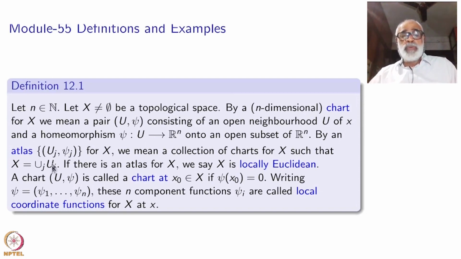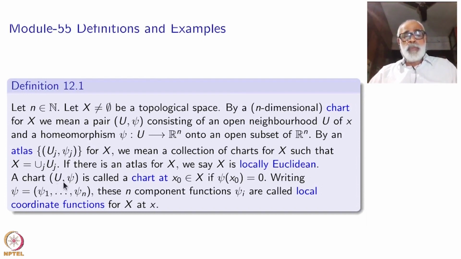The union of all these domains of the charts must be the whole of X. If there is an atlas for X, then we say X is locally Euclidean. In other words, the chart gives you local Euclideanness of X at the point x. If it happens at all the points, then it is called locally Euclidean. X itself is locally Euclidean.